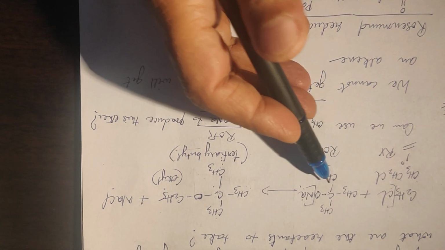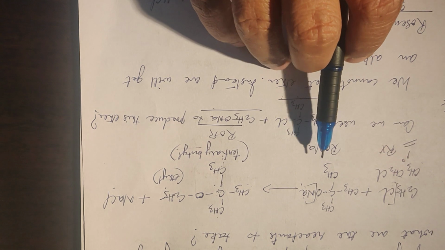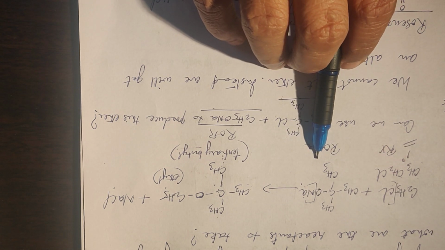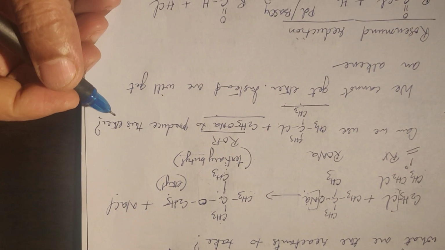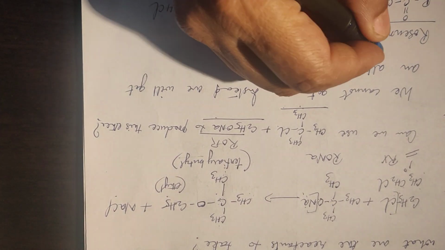But in case you take a tertiary halide and a simple alkoxide, then what will happen? The reaction will not give you ether. Instead, it will give you an alkene.